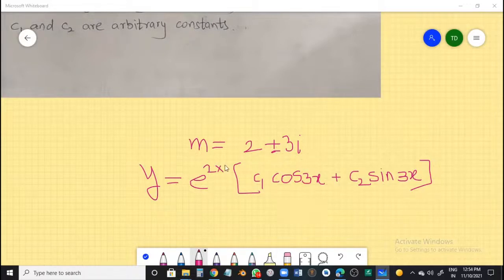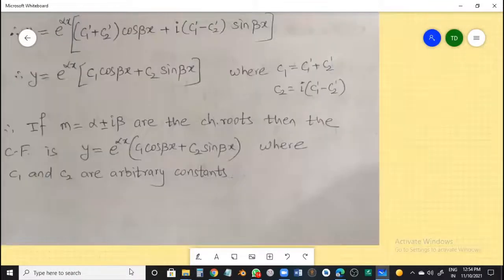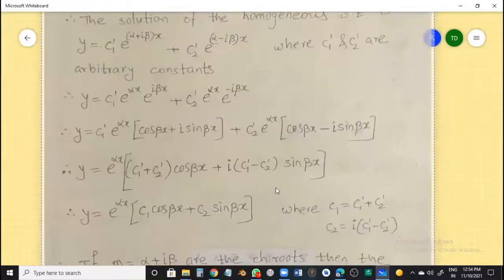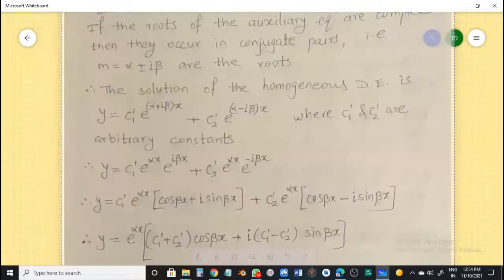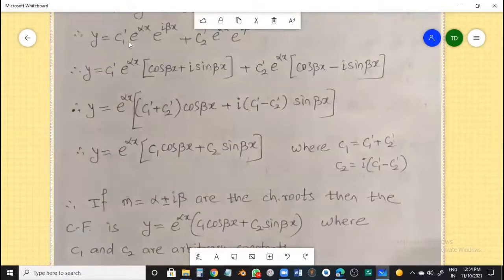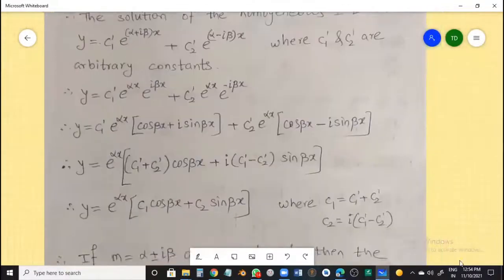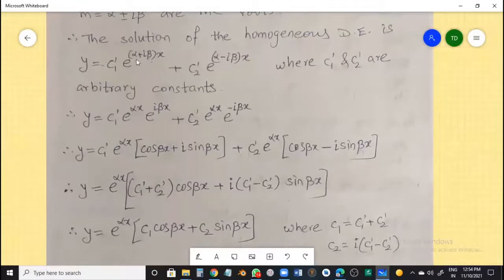And why does it happen so? We have seen the explanation just now. What we do is we go by our usual method: C1 dash times e raised to the first root times x plus C2 dash e raised to the second root times x.